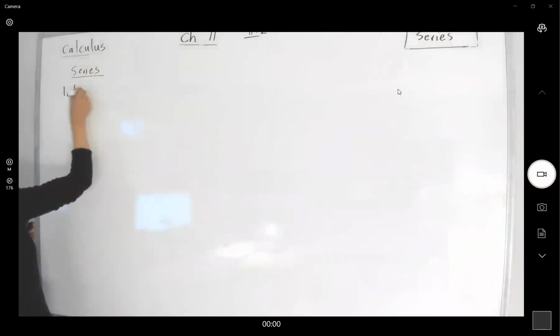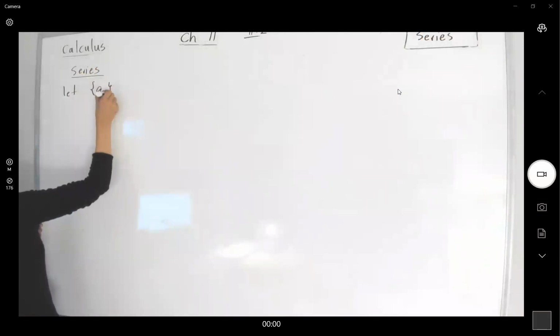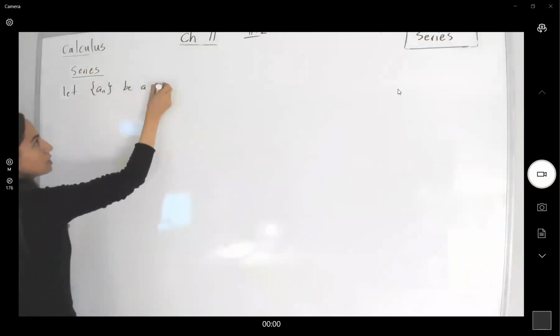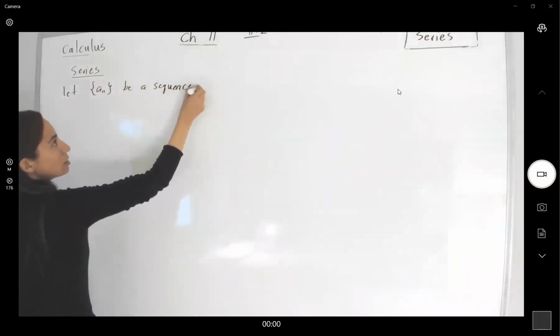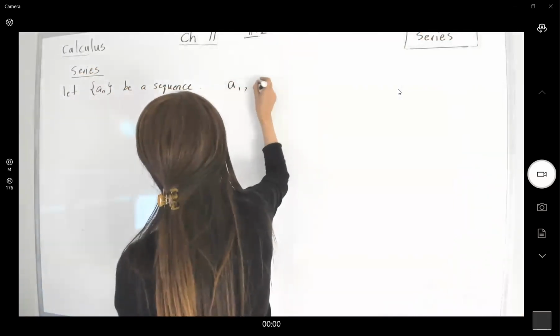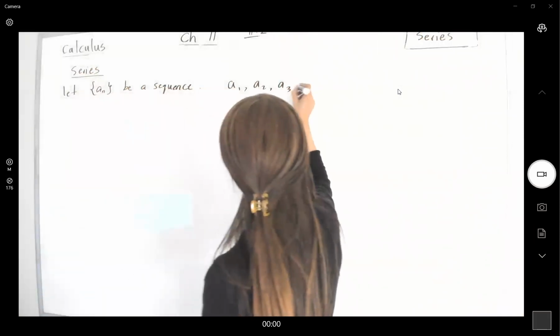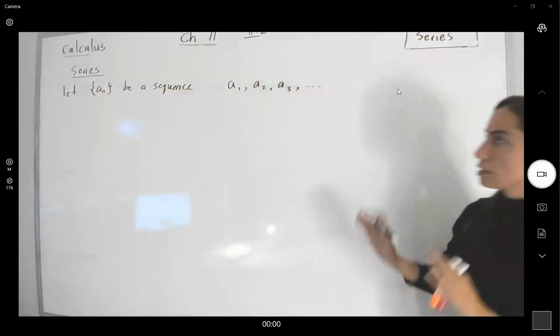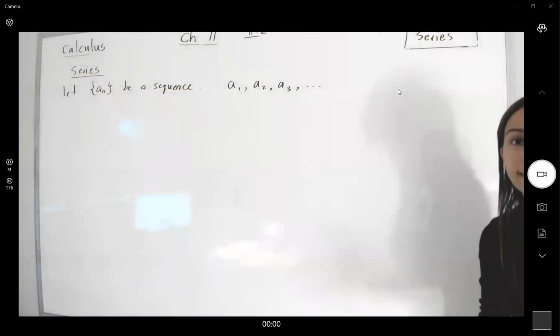Let a sub n be a sequence. So we start by taking the terms of a sequence: a sub 1, a sub 2, a sub 3, and so on. These are the terms of our sequence.